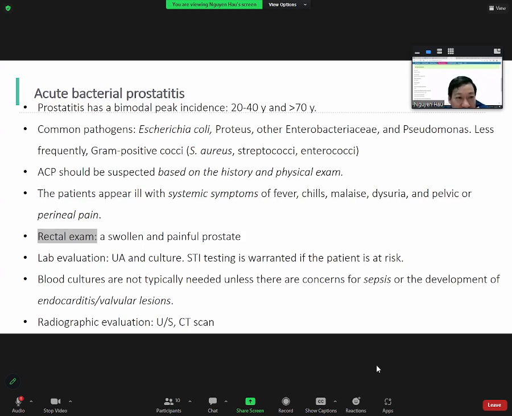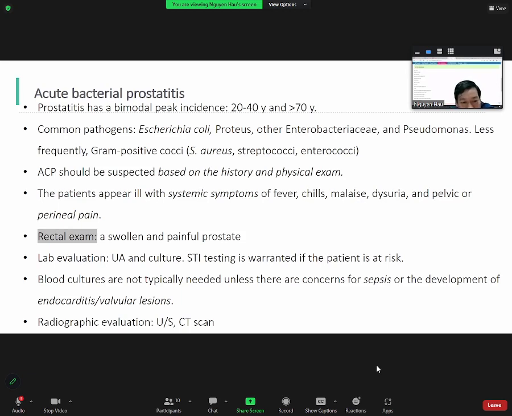Acute bacterial prostatitis can be suspected based on the history and physical exam. The patient appears ill with systemic symptoms of fever, chills, malaise, dysuria, and pelvic or perineal pain. Rectal exam: my teacher in medical school obliged many students to do a rectal exam when you think about prostatitis, which shows a swollen and painful prostate.